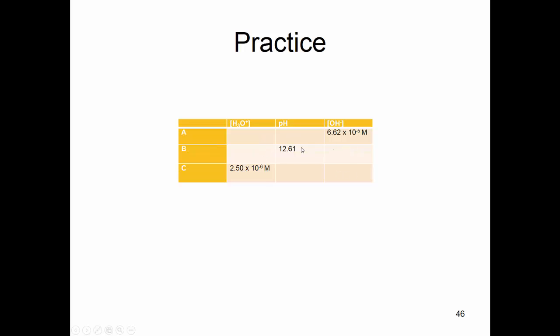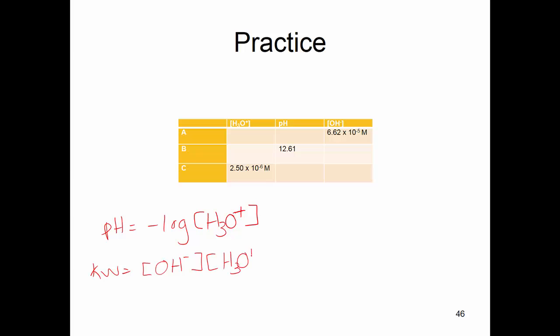The first thing I want to do is write out what we already know, and those are our equations. In the previous video we learned that pH is equal to the negative log of the hydronium concentration, and we also know that Kw, the ion product constant, relates hydroxide concentration and hydronium concentration.